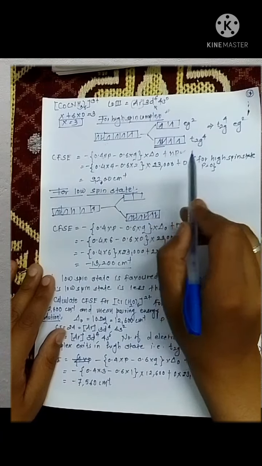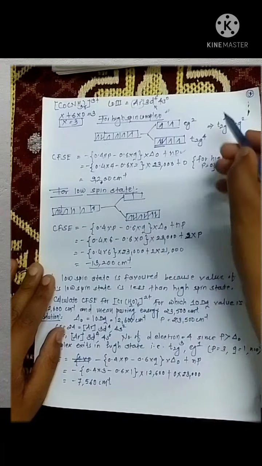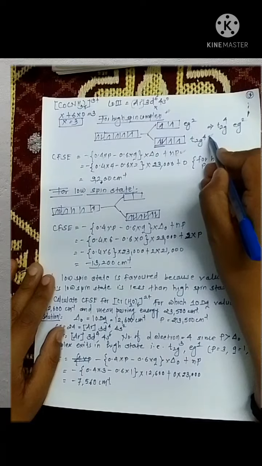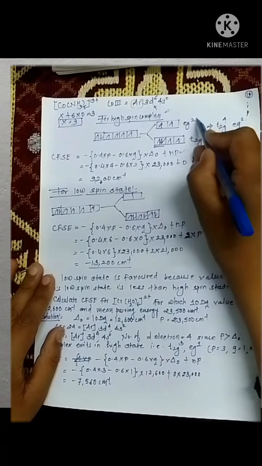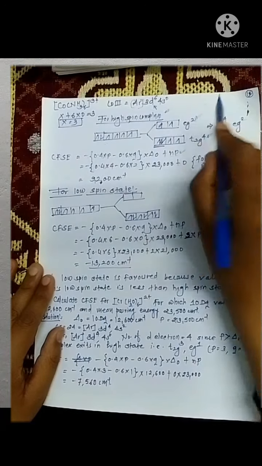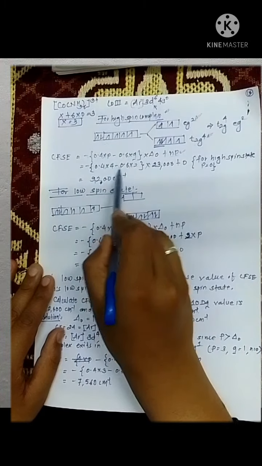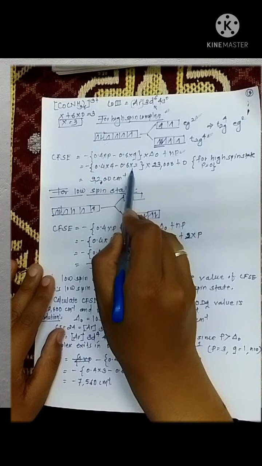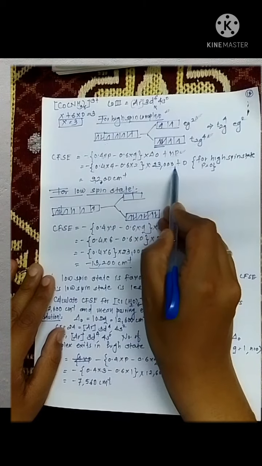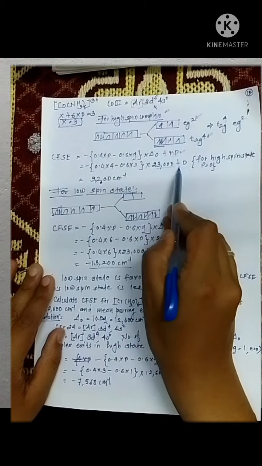Now the important thing is, just see here, in t2g set there are 4 electrons, in eg set there are 2 electrons. So minus 0.4 multiplied by 4 minus 0.6 multiplied by 2 multiplied by 23,000, this value is given, plus 0.